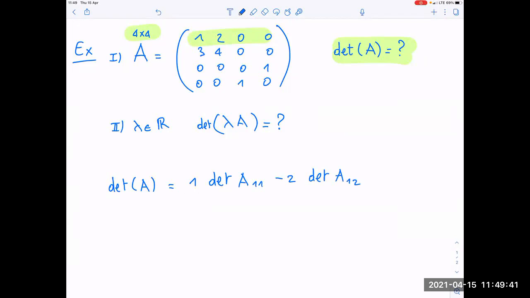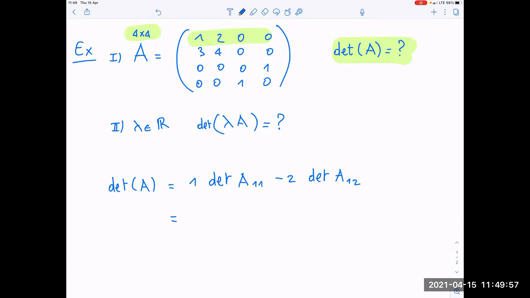This is the first step. Of course, you can use Laplace and use row 3 or row 4, because that's smarter, since they are smaller. That's perfectly fine. But I'd like just to make a small remark here.